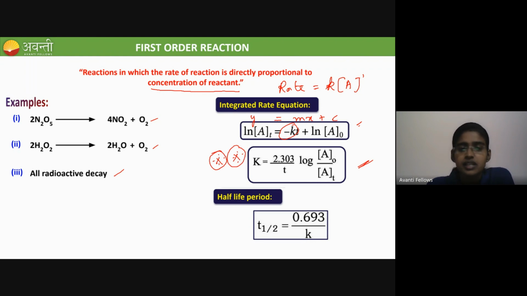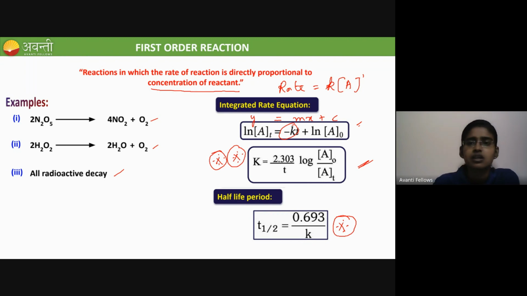And the half-life period is 0.693 by K. It is independent of the concentration. So half-life is independent of the initial concentration of the reactant for first order. These two things you have to keep in mind.